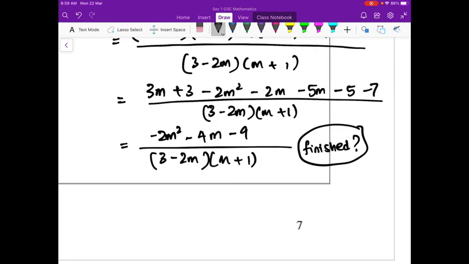Okay, so this will be your homework, these 4 questions, as well as the next set of notes. So I did the most difficult question for you already, huh? But I'm leaving you to think, is this finished? Can I simplify further? That means can I factorize the top again? And then I find a common factor and I cancel again. Can or cannot? You need to go and try and factorize the numerator.